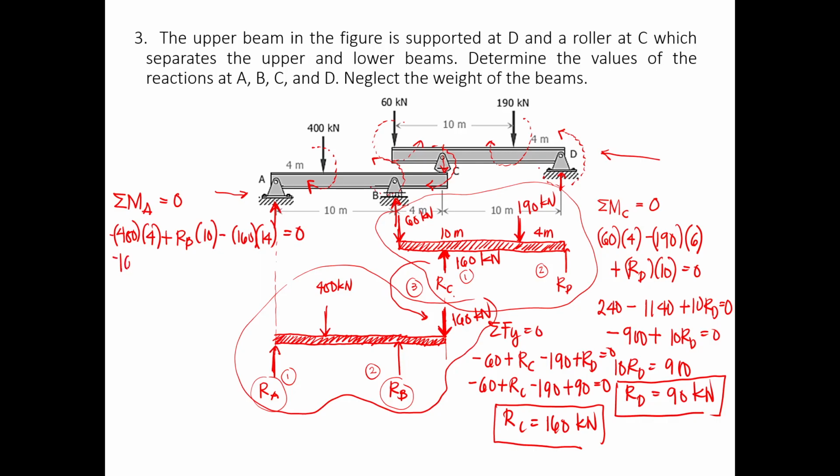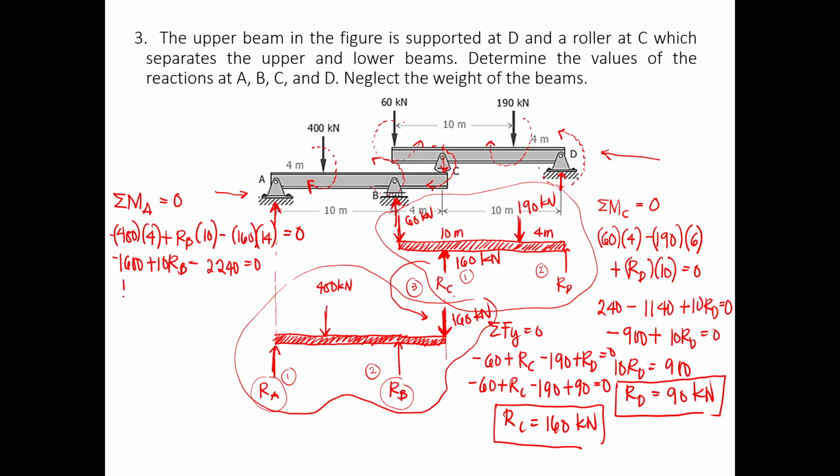Okay, so negative 1600 plus 10 R sub B, then minus 2240 equals 0.